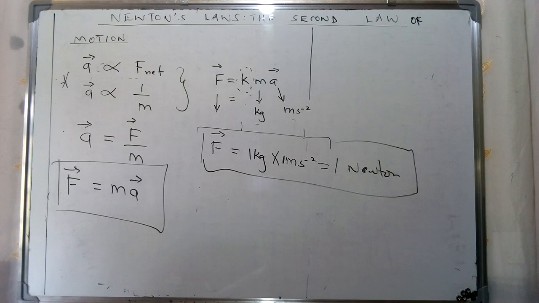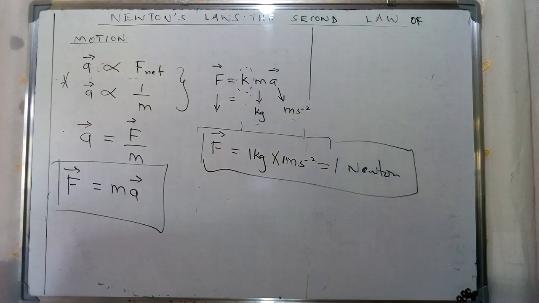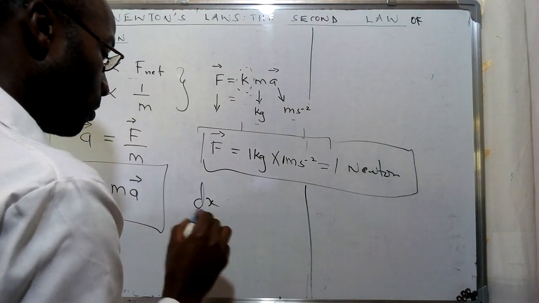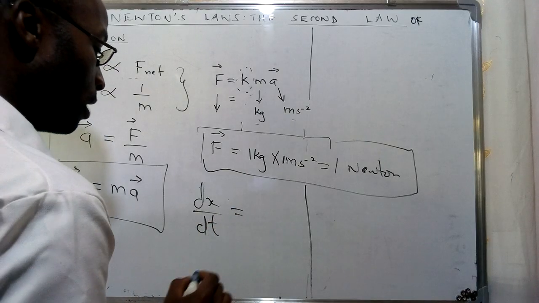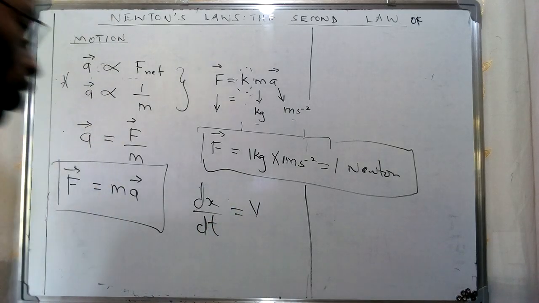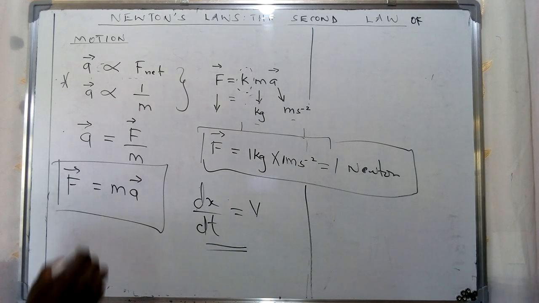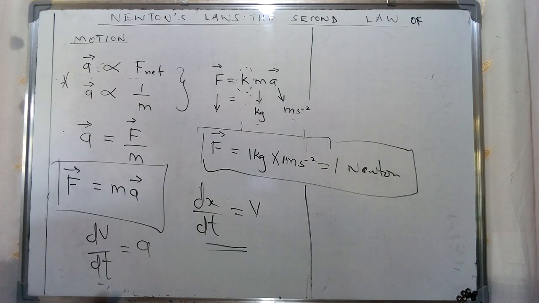And there is going to be an aspect of acceleration due to the change of speed and direction. Remember from our derivation of the concept of acceleration, we said that the change in displacement over time gives us the concept of velocity, and therefore the change in velocity over time gives us acceleration.